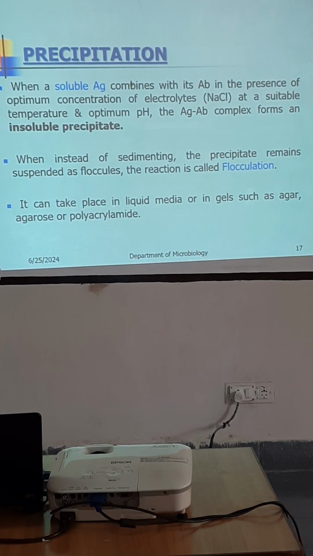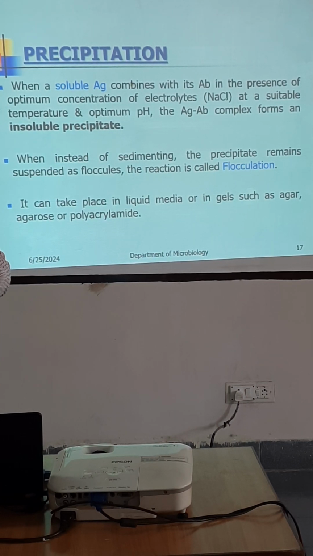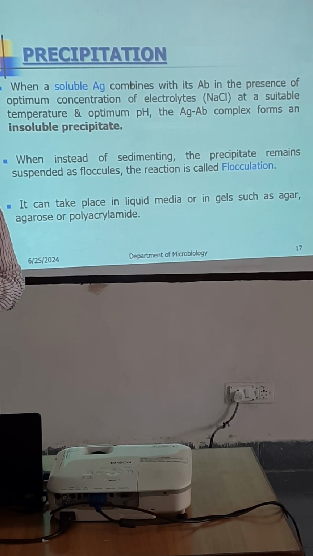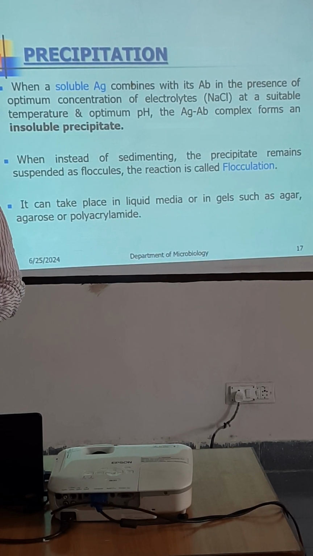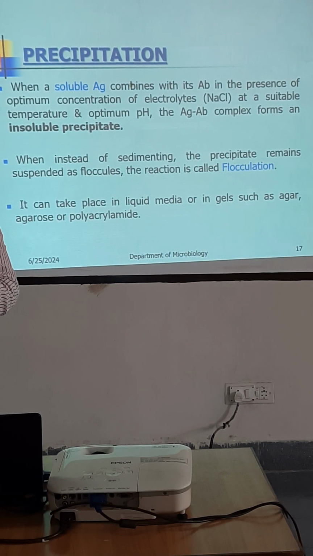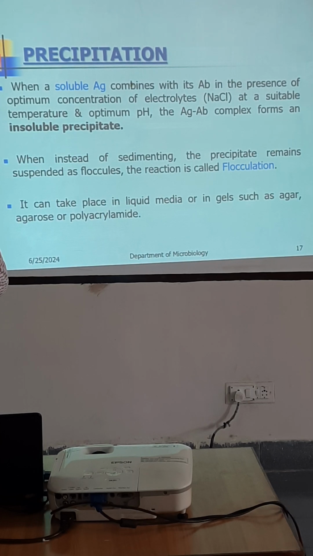This complex is not soluble. It is an insoluble precipitate, which is formed in the case of a precipitation reaction. And when this insoluble precipitate, instead of settling or sedimenting at the bottom of the reaction, floats on the surface of the solution, this is known as a flocculation reaction, or precipitation flocculation reaction.